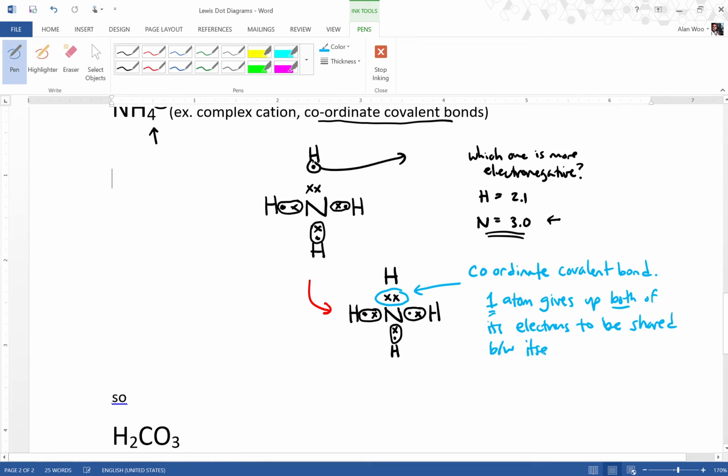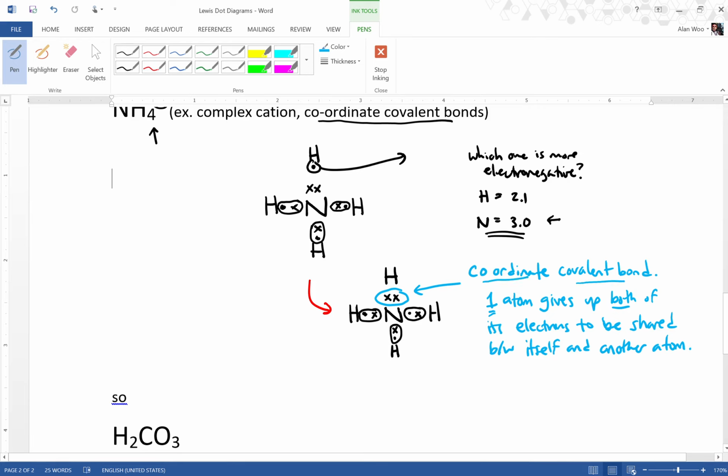So in this case, nitrogen is sharing both electrons with hydrogen. All the other hydrogens are basically sharing one of their electrons with nitrogen. But nitrogen, in this case, at the top with this one hydrogen at least, is sharing both its electrons. So that's called a coordinate covalent bond.